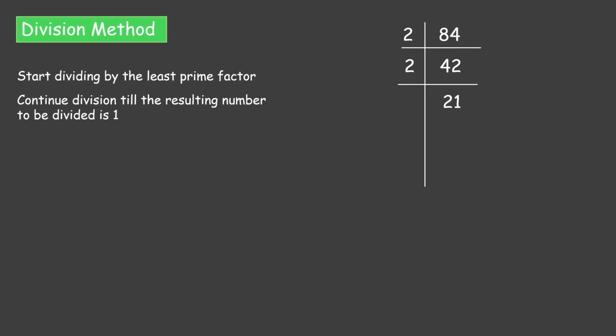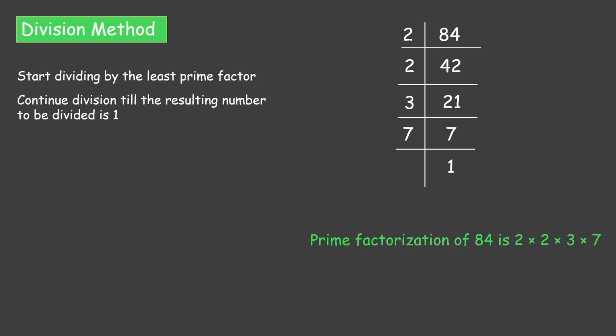So we need to find the least prime factor. That would be 3. 3 into 7 is 21. Now 7 is a prime number. It is only divisible by 1 and 7. So the least prime factor is 7. 7 into 1 is 7. Thus, the prime factorization of 84 is 2 into 2 into 3 into 7.